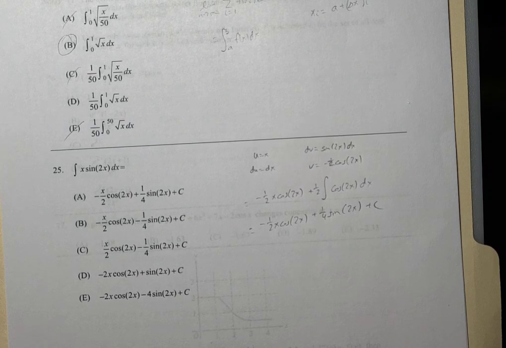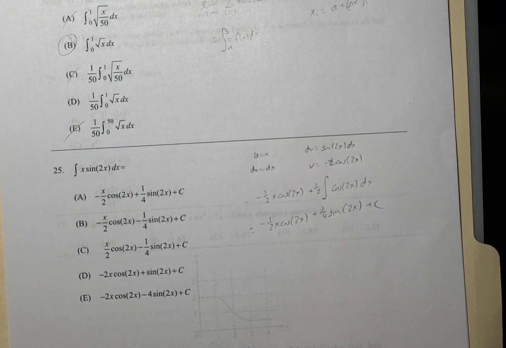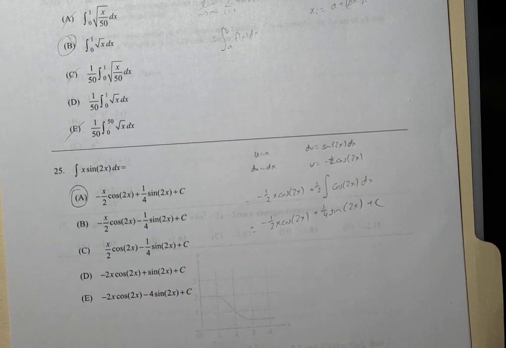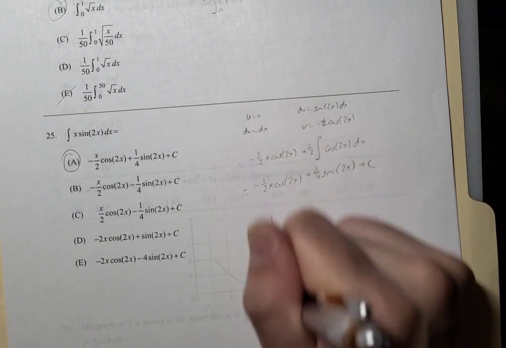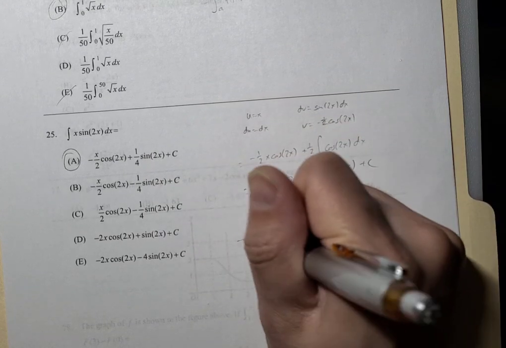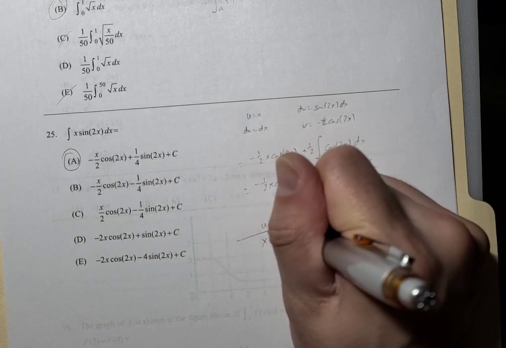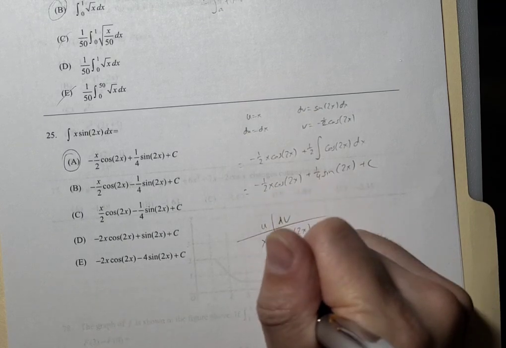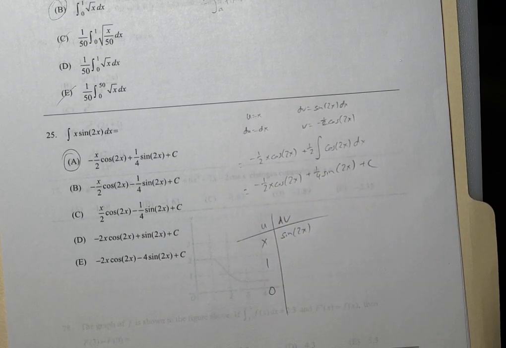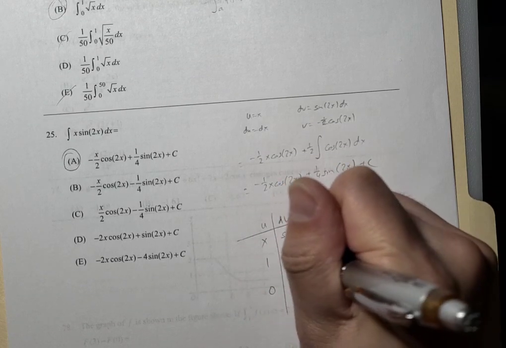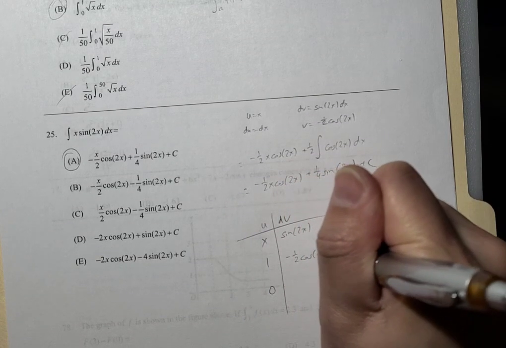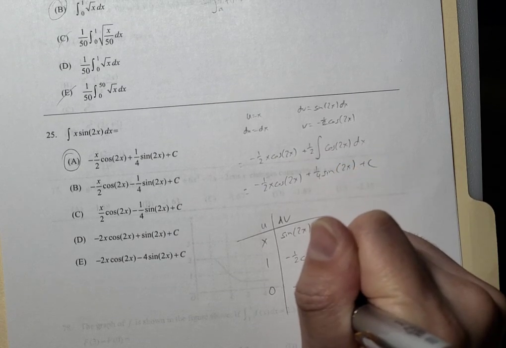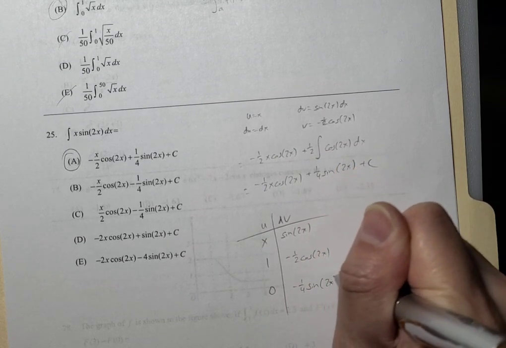Okay, so that looks like it is integration by parts. We could have done the tabular method too. Let me just do it real quick. Okay, we differentiate u until we get to 0. Derivative of x is 1, derivative of 1 is 0. We integrate just as many times, so minus half cosine 2x, minus a fourth sine 2x.